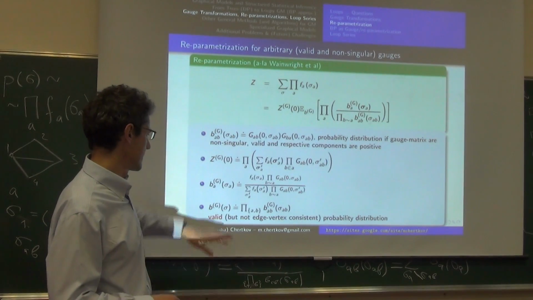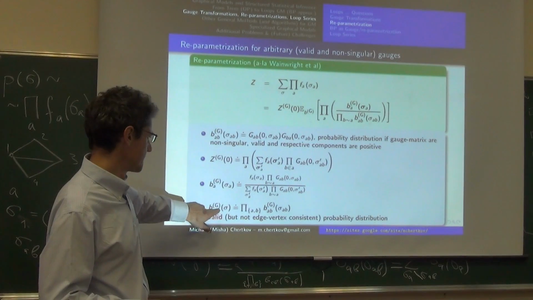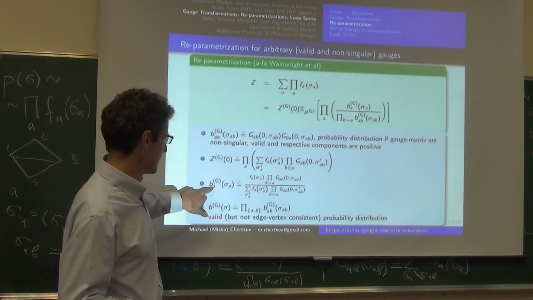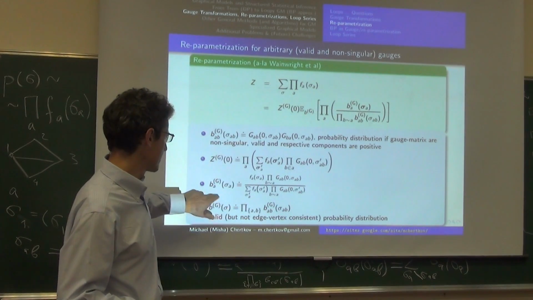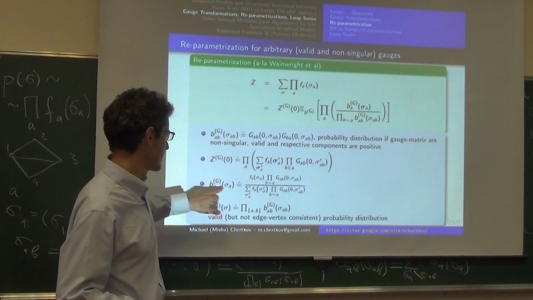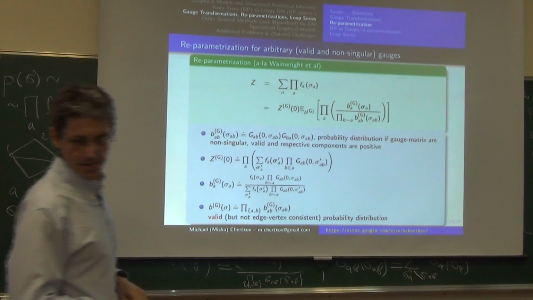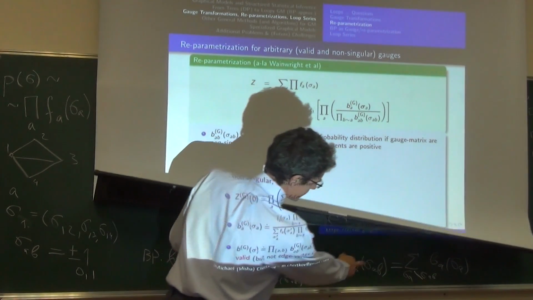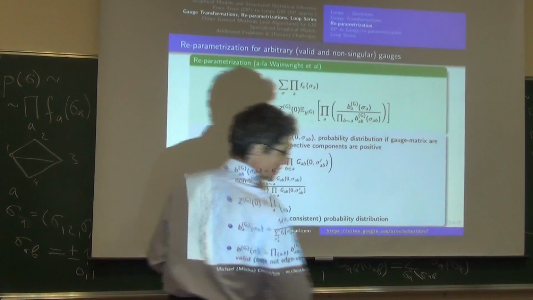But those beliefs associated with edges and vertices, they certainly can be thought of as probabilities, but there is no consistency between them for arbitrary G. Consistency, that's something like what I was writing in here, right? So relation between edge and vertex probabilities, beliefs.